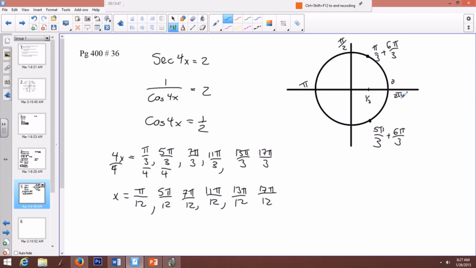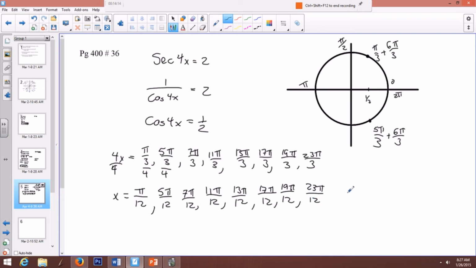Again, we're still not close to 2 pi, so we're going to add another revolution. So 13 pi over 3 plus 6 pi over 3 is going to be 19 pi over 3. And then 17 pi over 3 plus 6 is going to be 23 pi over 3. And so I will get 19 pi over 12 and 23 pi over 12.